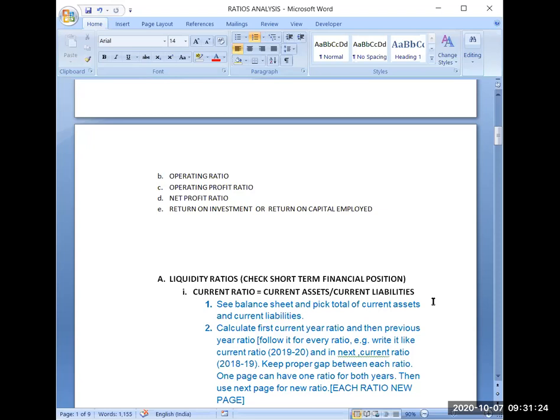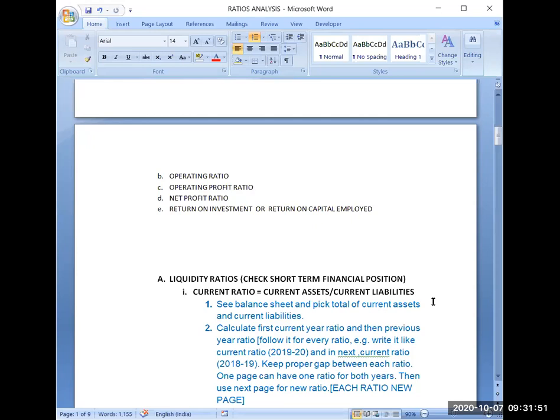Suppose my current liability is rupees 100 and my current assets are only rupees 60. That means I don't have sufficient assets to repay the current liabilities. Obviously, current liabilities will be repaid only through current assets, not from non-current assets. If you pay your current liabilities from your non-current assets, you will not be able to continue your business. So your current assets should be sufficient.